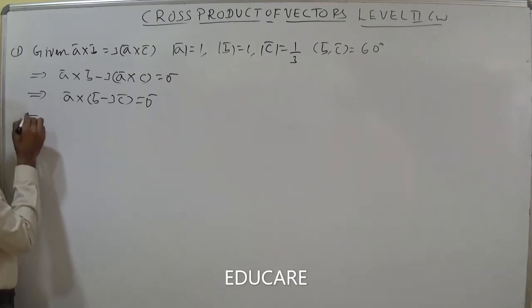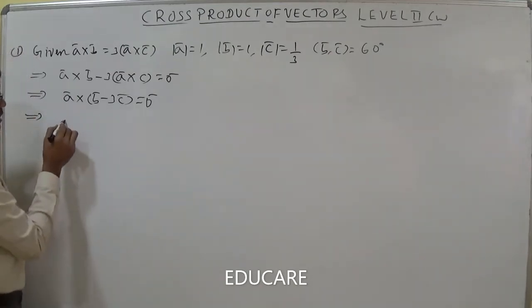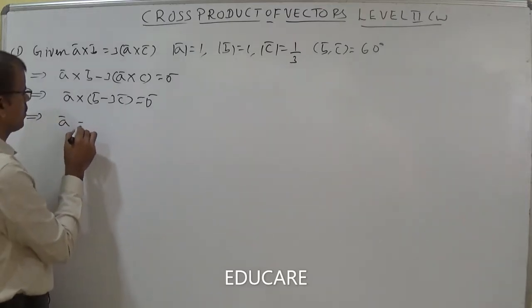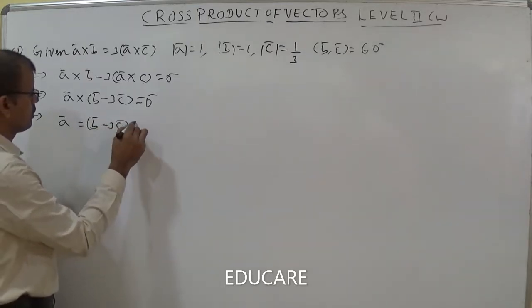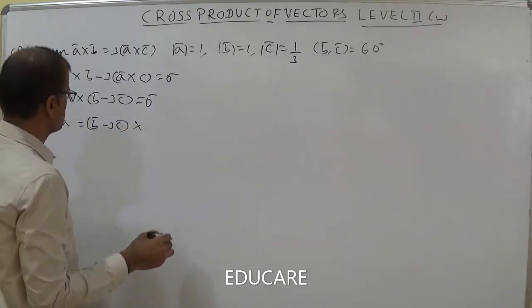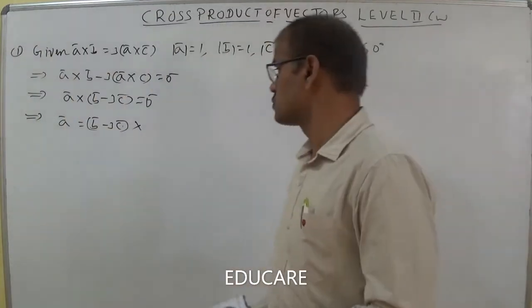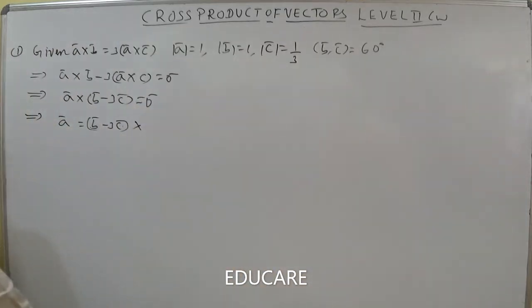Whenever the cross product is 0 between two vectors, we can say that the two vectors are parallel. So B bar minus 3C bar is equal to lambda A bar, we can write. Otherwise, A bar is equal to (B bar minus 3C bar) into lambda.